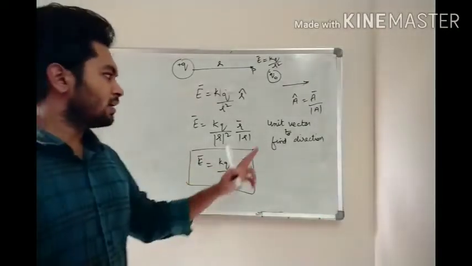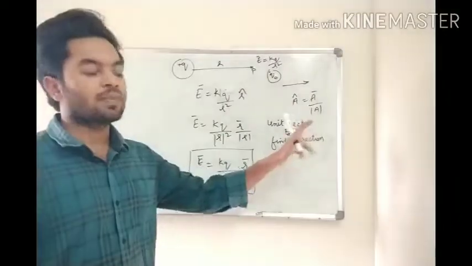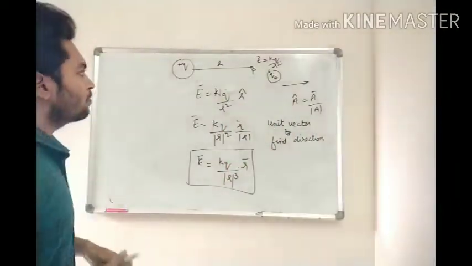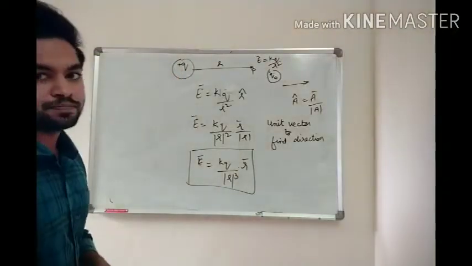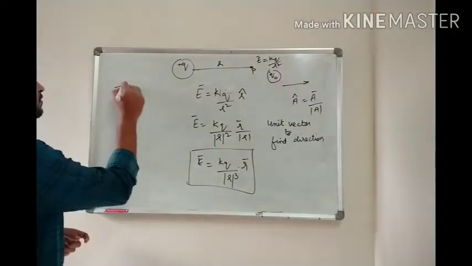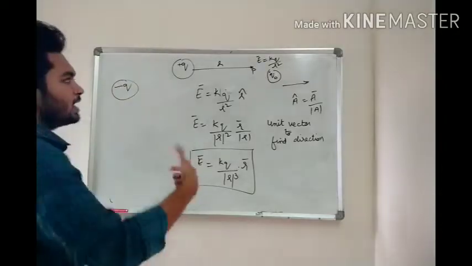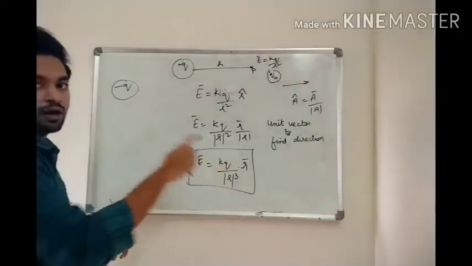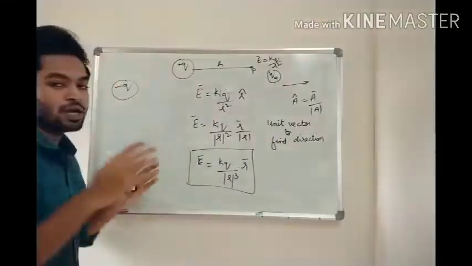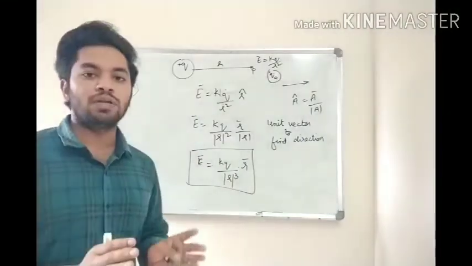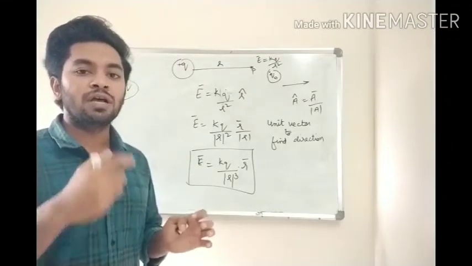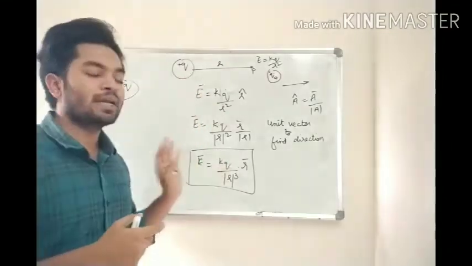Anywhere to find the direction, you have to take a unit vector. Clear? Now you may think, suppose this is negative, suppose I take a negative charge, then you need to consider the direction with minus q. If you are going to consider only vector form, then you have to consider positive or negative charge.